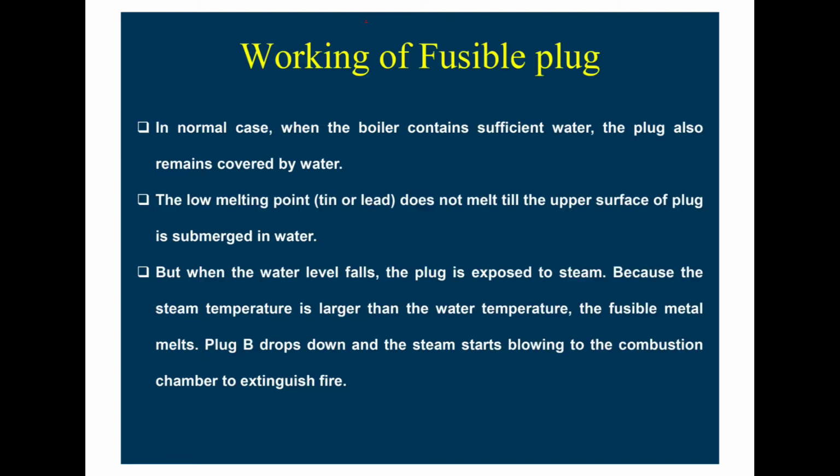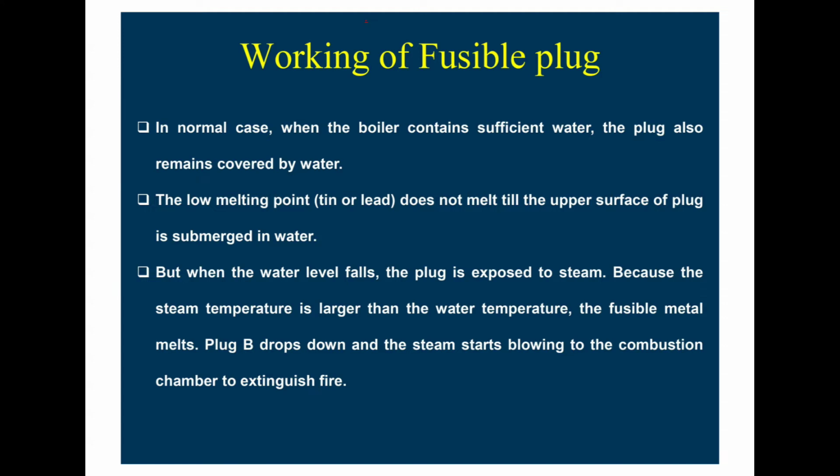Working of the fusible plug: in the normal case, when the boiler contains sufficient water, the block remains covered by water. The low melting point tin or lead doesn't melt as long as the upper surface of the block is submerged in water.